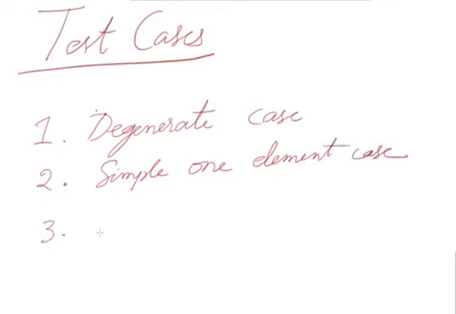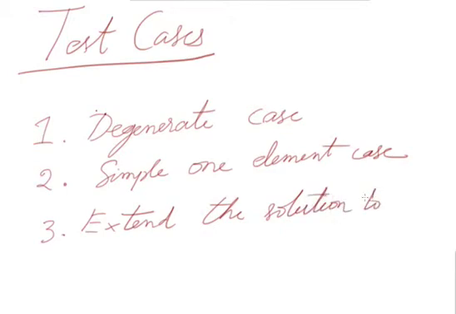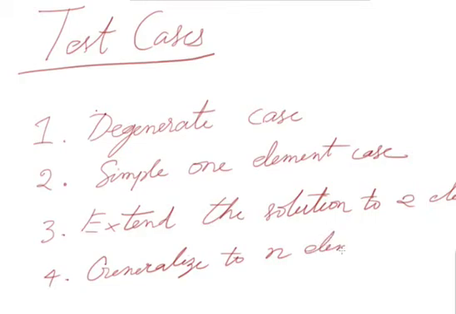Then we can handle the case where we can extend the solution to two elements. And then I would assume that if we can do that, we can actually generalize the solution to any n elements.